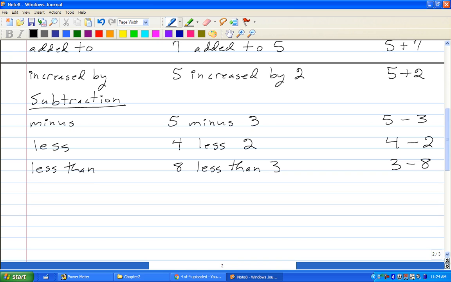Subtracted from. How about subtract? 8 subtract 2 is 8 minus 2.